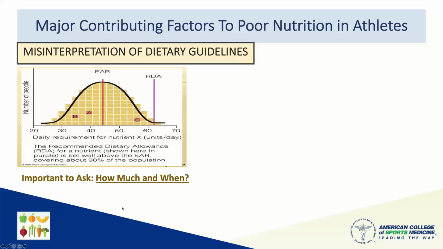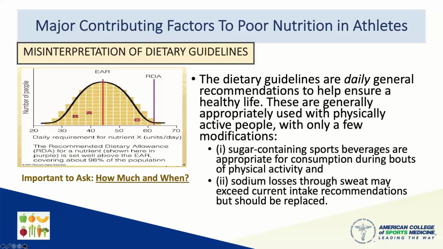We have to be extremely cautious about that. Just please consider that the body works in real time. So the recommended dietary allowances are daily general recommendations that have to be parsed out into multiple doses over the course of a day for optimal utilization.